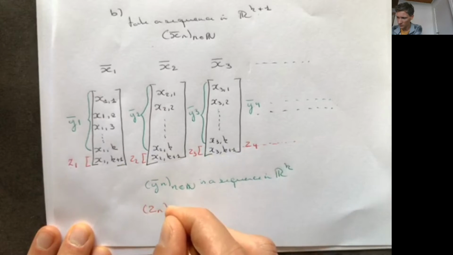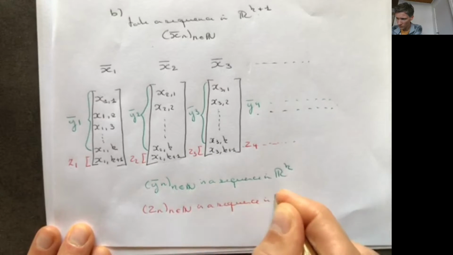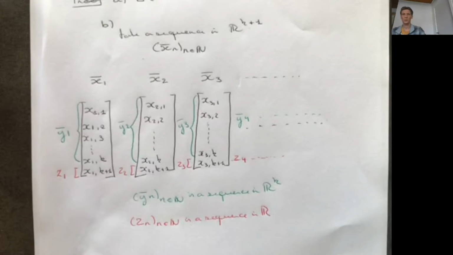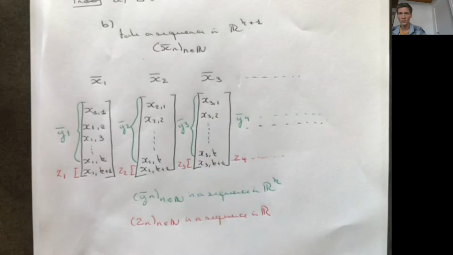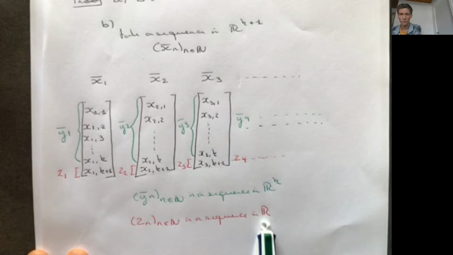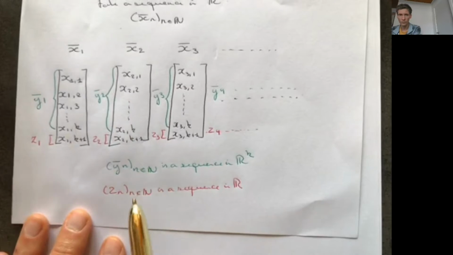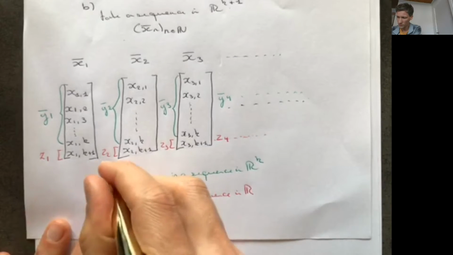So zn is a sequence in R. Basically what we did, we had a sequence of vectors in R^(k+1), and every vector we split up into a vector in R^k and then a number. We just tore every vector apart into two, and then all the first parts form a sequence in R^k, and all the latter parts form a sequence in R. And you would like to use induction on both of them.